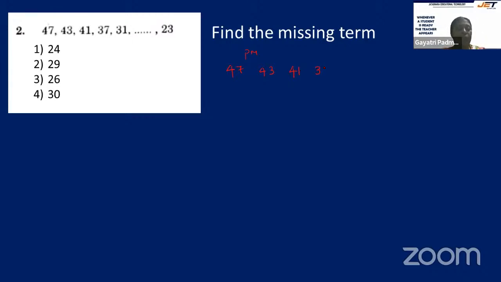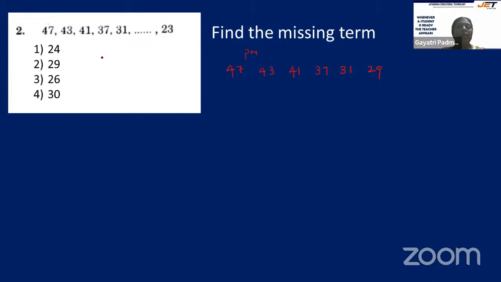After 41, 40, 39, 38, 37 is a decreasing prime number. After 37, the next decreasing prime number is 31. Isn't it? Yes. Right. And after 31, what is the next decreasing prime number? 30 is not a prime number. So the next prime number is 29.